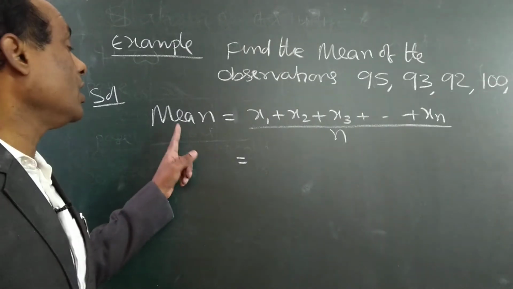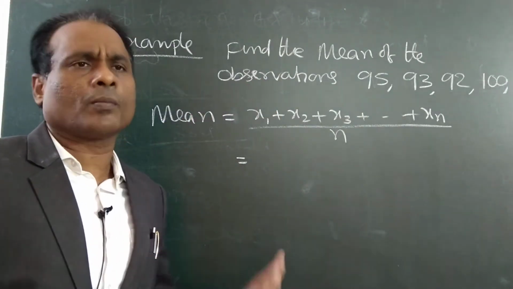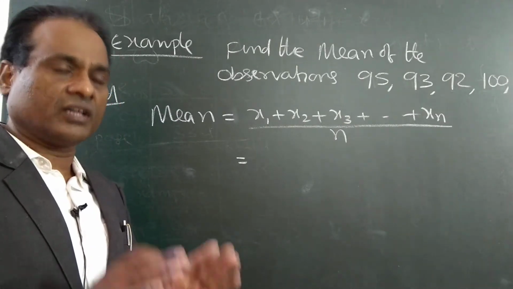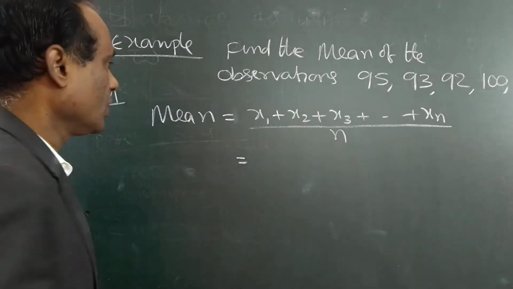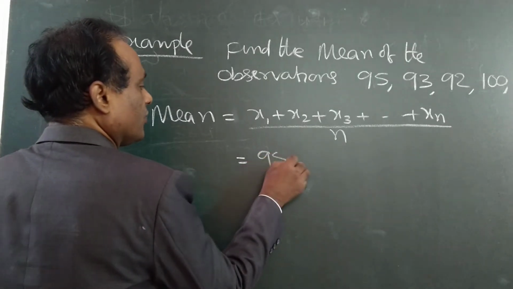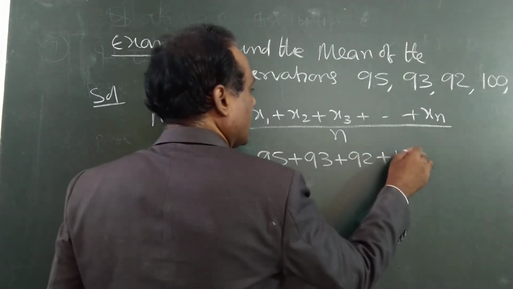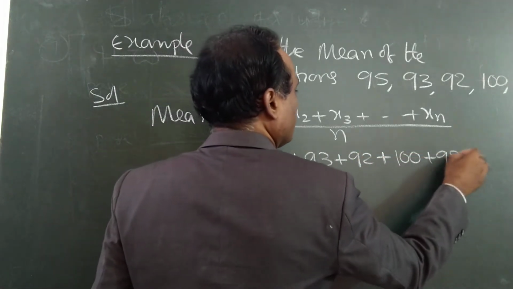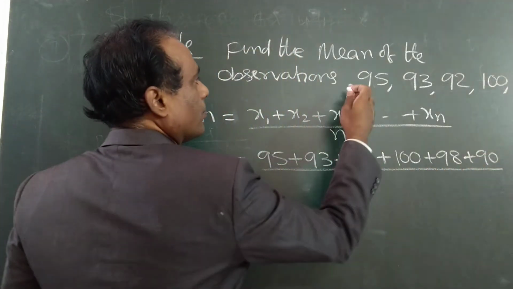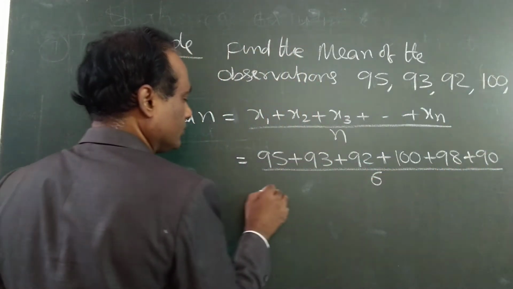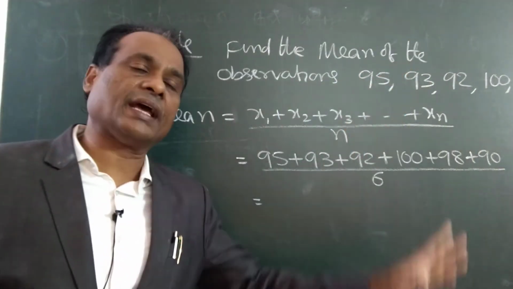This is the method for finding the mean, and we don't have such problems in this 10th class, but you studied it in the 9th class, I just reminded you. So write down 95 plus 93 plus 92 plus 100 plus 98 plus 90 by n, the number of observations, 6. This is the process of finding the average for the ungrouped data.